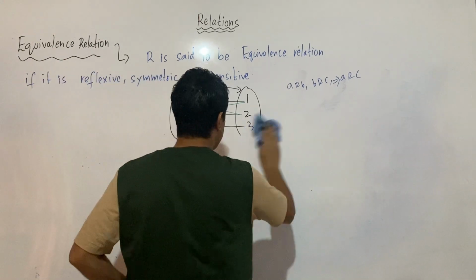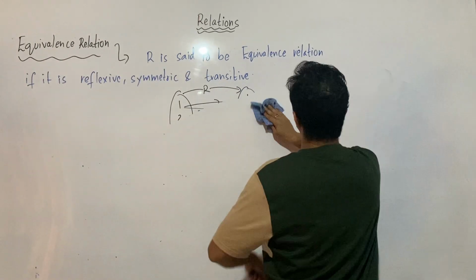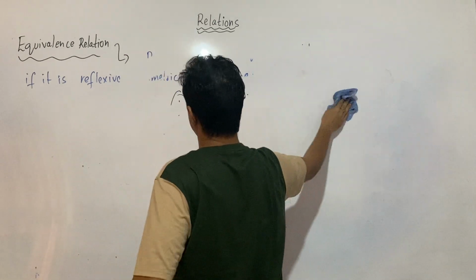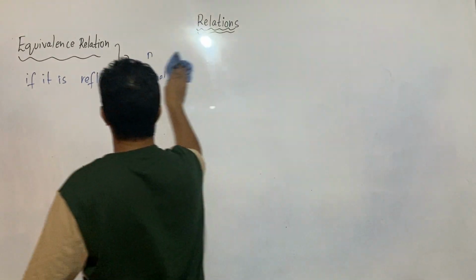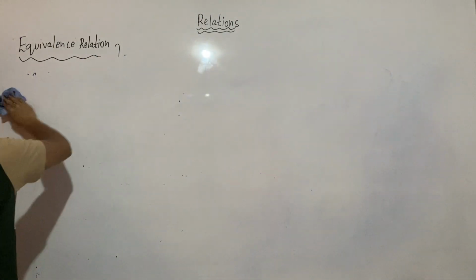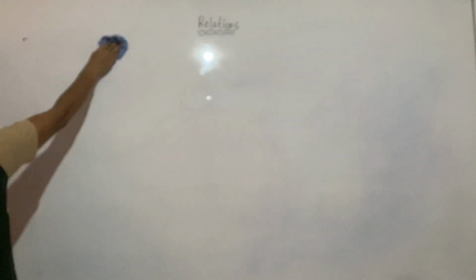Number of possible reflexive and symmetric relations.